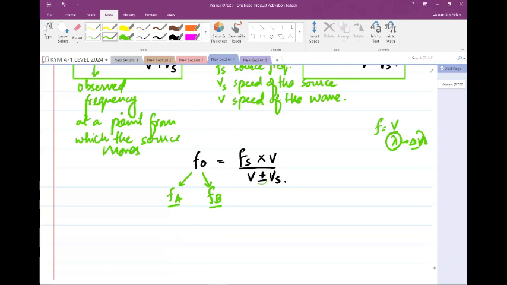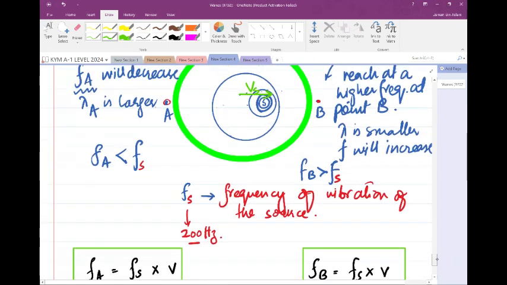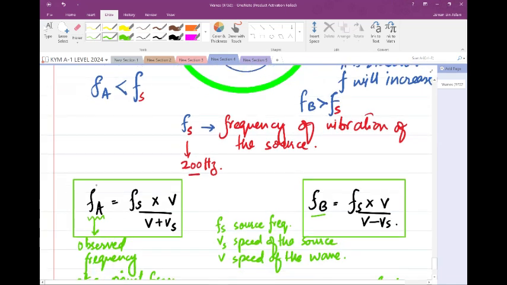For that, look at the formulas on top again. To find the frequency for a point from which the source is moving away, you have to add the velocities of the source and the wave. And for a point towards which the source is moving, if you want to find out the frequency for that point, you have to subtract the velocity of the source from the velocity of the wave.